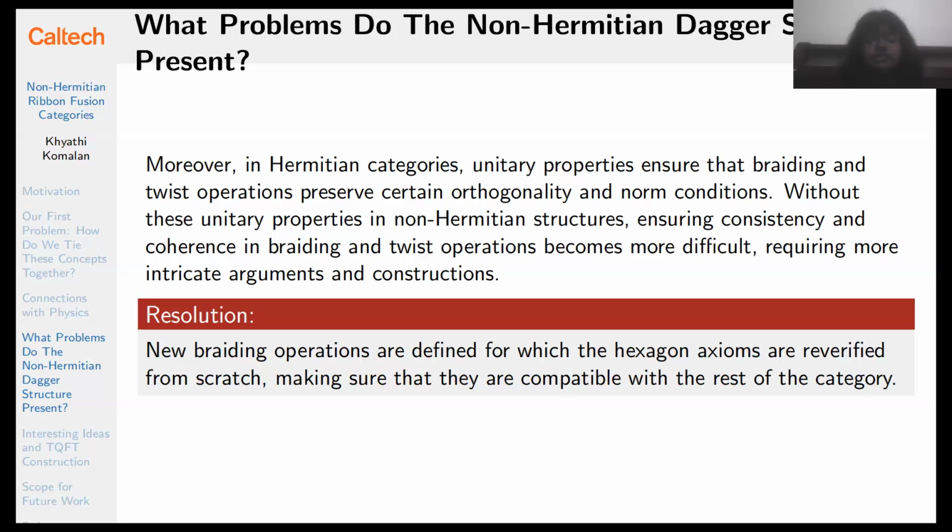So we'll be defining new kinds of braiding operations, and we'll have to kind of redefine the hexagon axioms from scratch, making sure what's compatible with the rest of the structure that we have without assuming too much. And basically we want to be able to define a braiding that we can actually work with and whose properties we can actually use.